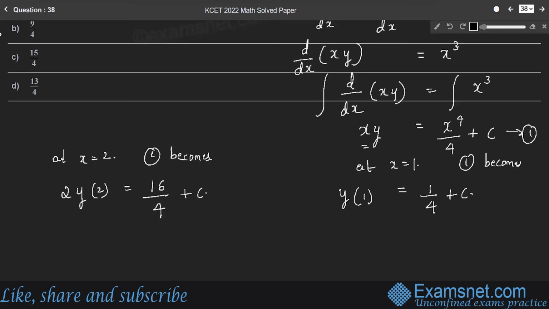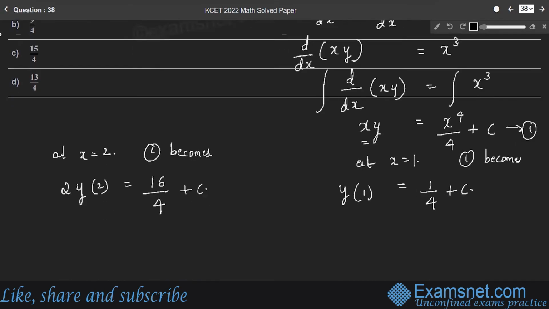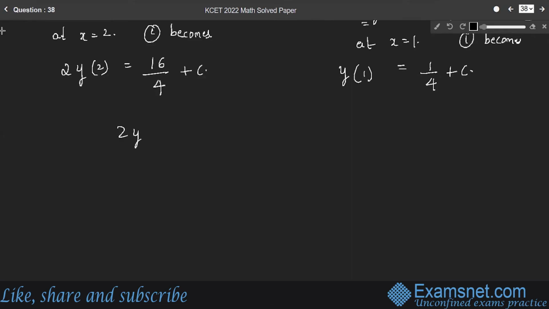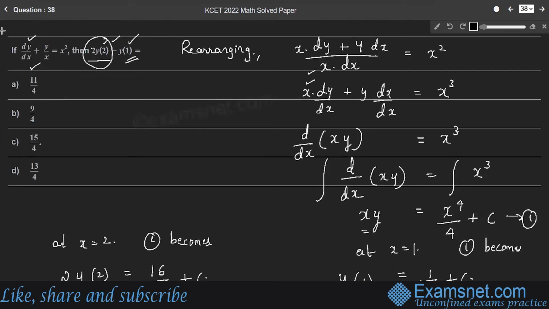So the question is 2y at x is 2 minus y at x is 1. Therefore, it is equal to 16 by 4 plus c minus 1 by 4. Minus of plus c becomes minus c, so it becomes 15 by 4. So the value is 15 by 4. Option C is the right answer.